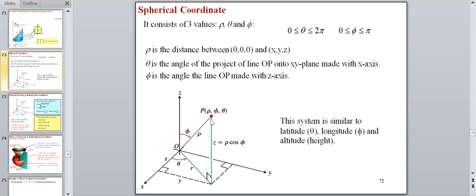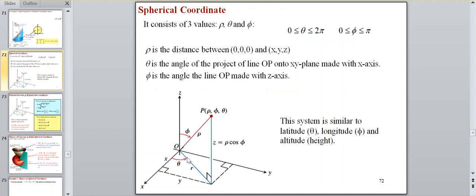Now look at the projection of this line segment OP onto the xy plane. The projection of this line segment onto the xy plane is this line segment. The size of this line segment is denoted by r.